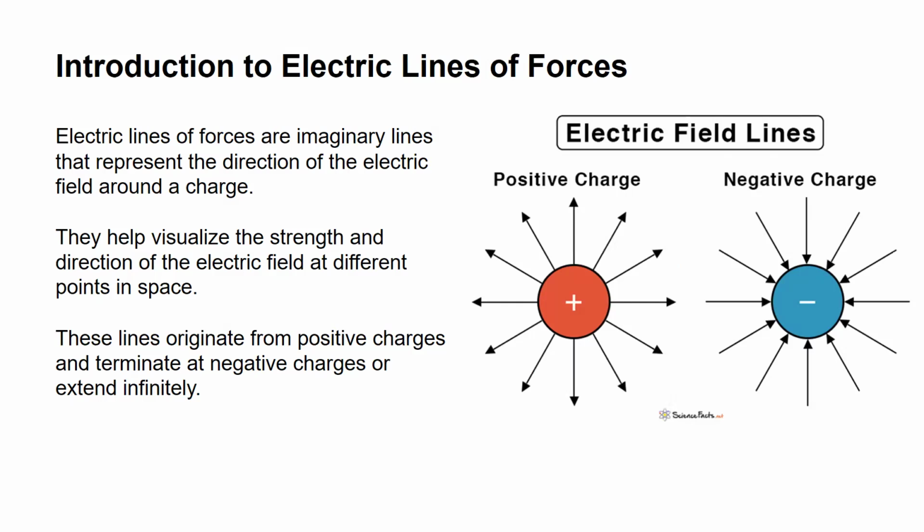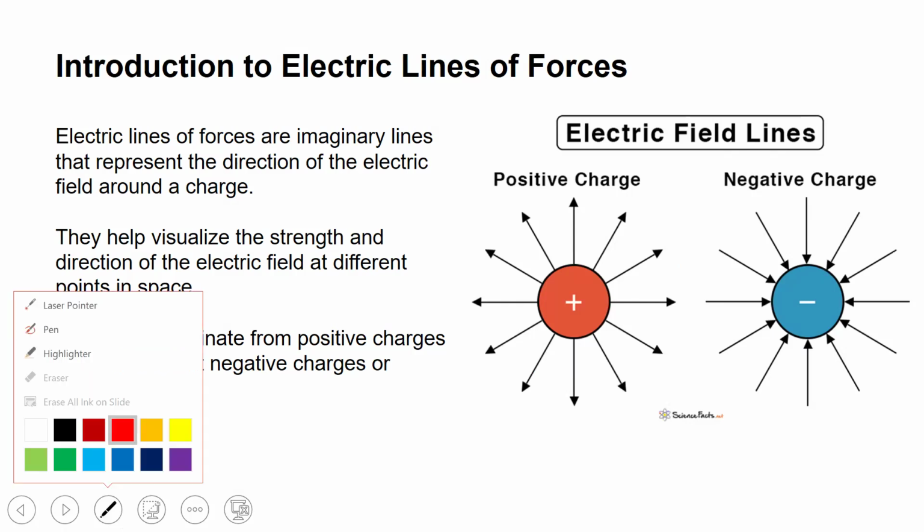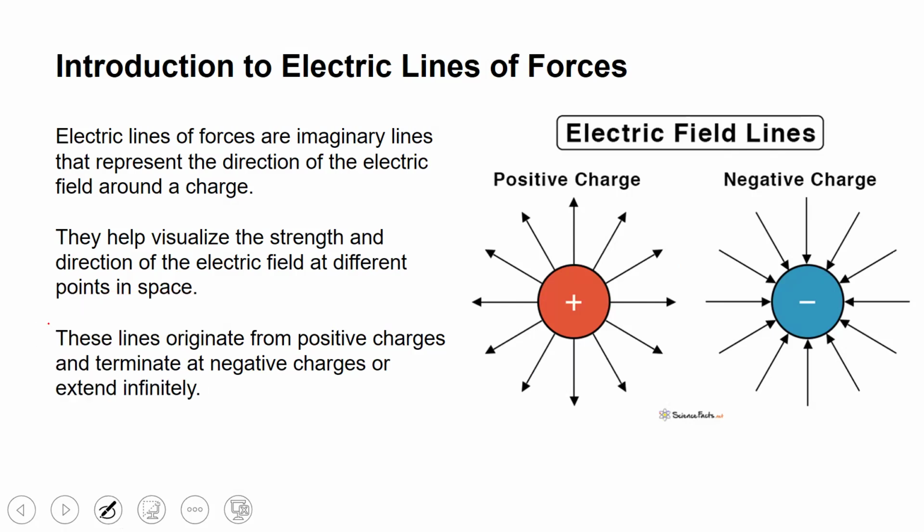So for example, look at this diagram where we have a positive charge and a negative charge. As you can see clearly, from this positive charge, the electrical lines of forces originate from positive charges, and then they move away.